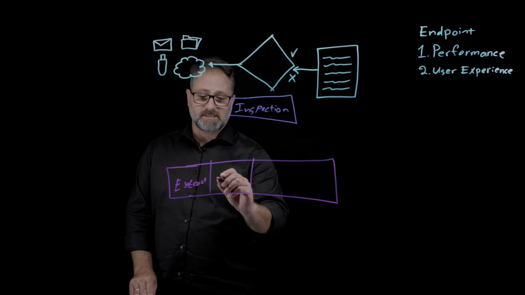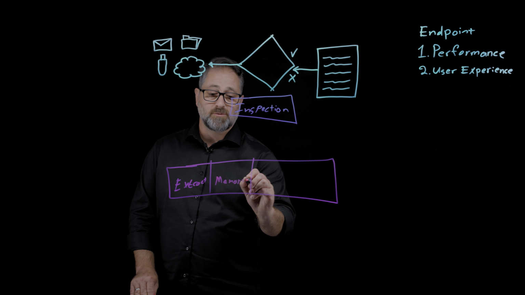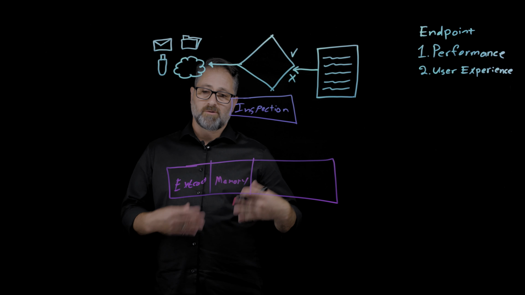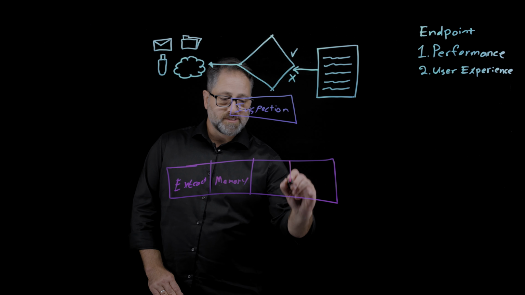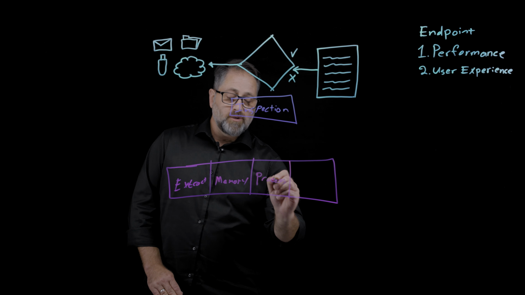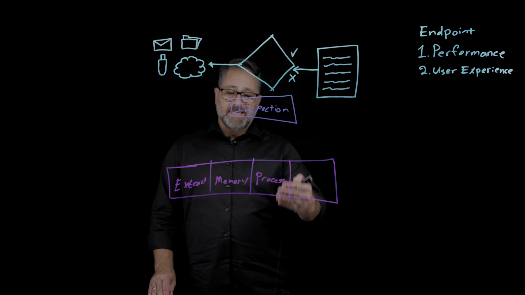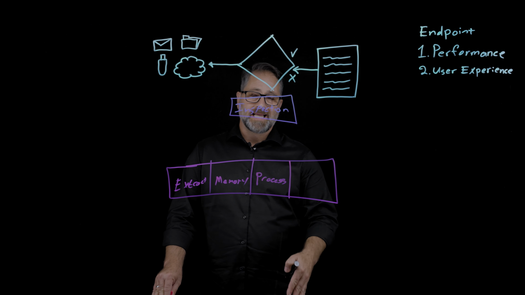The second part of this is that those results and those strings need to be loaded into memory, right? So now you're loading it up into memory so that you can do the actual processing, and that's the third step here where you do your processing. And you would think that this would be super simple and easy to do, but in reality there are potentially multiple engines that are being applied against that data.